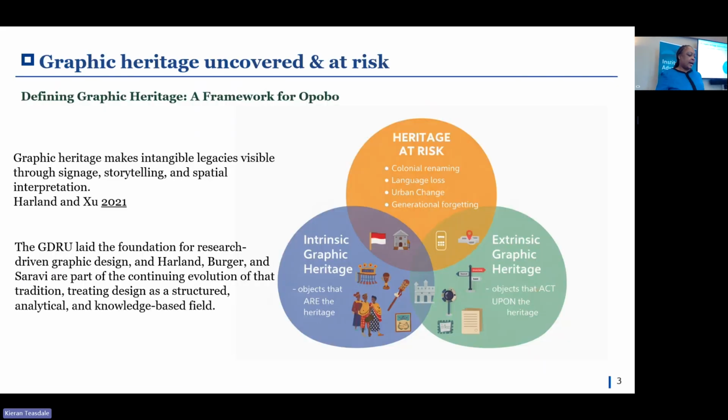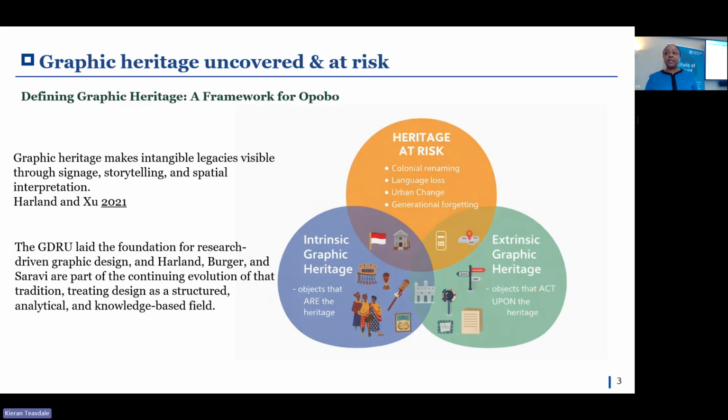Unlike traditional archival materials such as manuscripts and printed texts, graphic heritage often exists in dispersed and embodied forms. It is embedded in festivals, ritual performances, spatial arrangements, and objects that carry meaning through their visual symbolism.